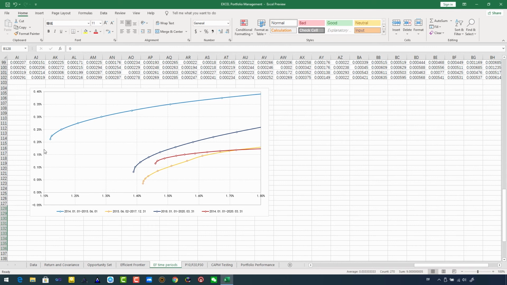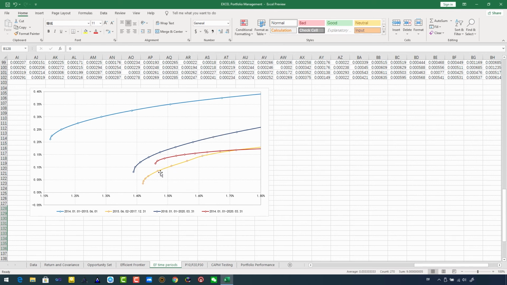And it is consistent with what happened in the Chinese stock market in the second half of 2014. Definitely we had a huge increase in the Chinese stock market. Everyone could earn money during that time period. So that's why there is a huge difference from the other time periods.